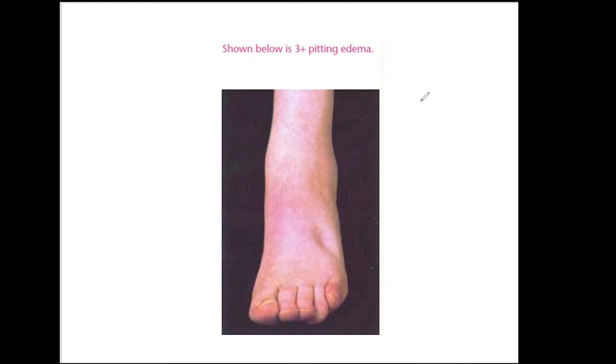And PT edema we can grade by different degrees. No PT edema is 0, and the most severe is 1, 2, 3. This picture here means severe edema. We even have 4.